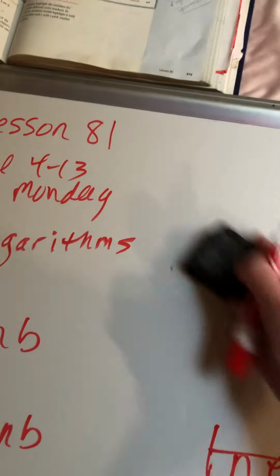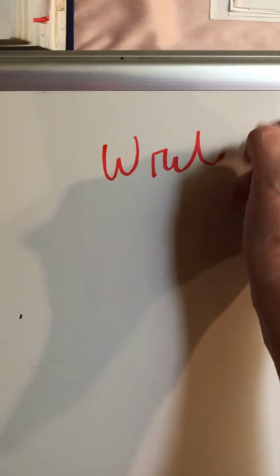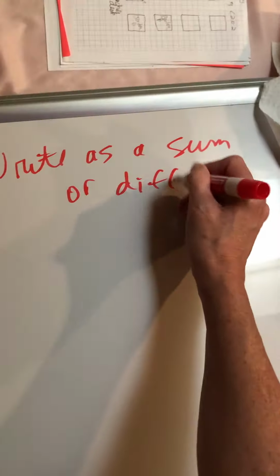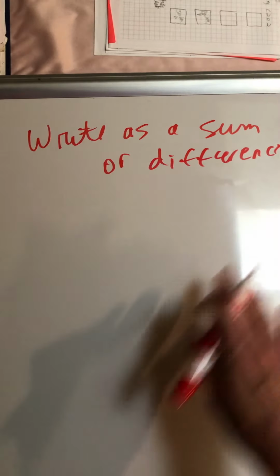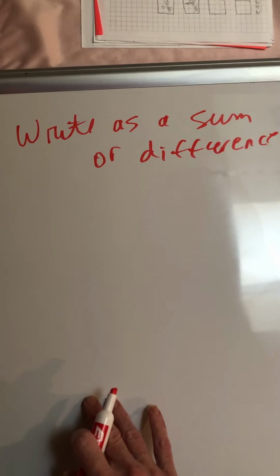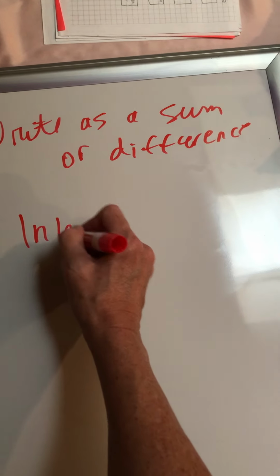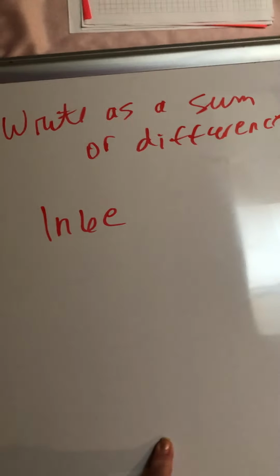Then what you're going to be asked to do is write it as a sum or a difference. You'll start with something like ln 6e, natural log of 6e.